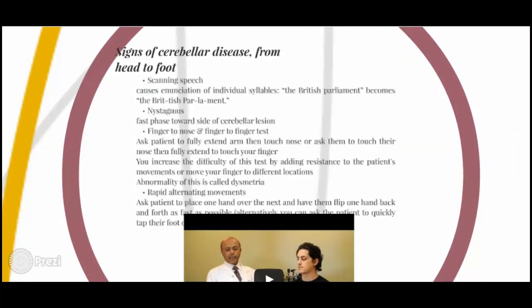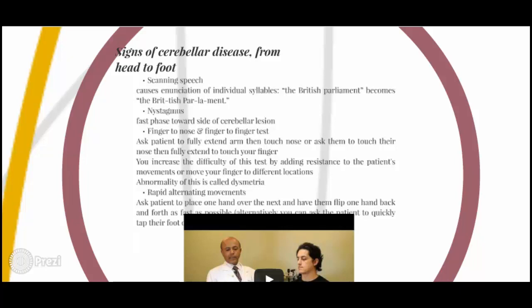Signs of cerebellar disease from head to foot. Scanning speech, which is enunciation of individual syllables: the British Parliament becomes the Brit-ish Par-lia-ment. Nystagmus, fast phase toward the side of the cerebellar lesion. Finger-to-nose, finger-to-finger test.